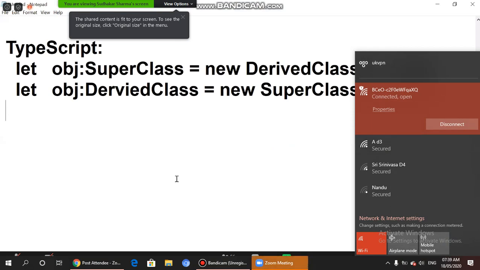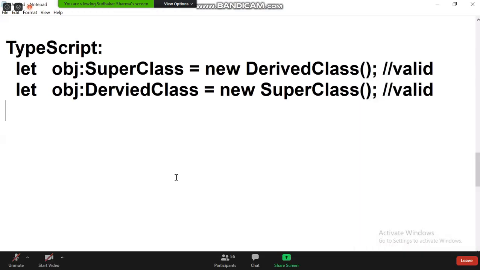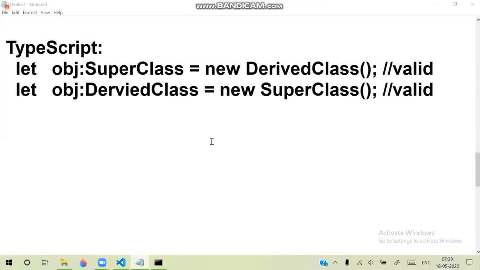And why is it not possible in other languages? One of you has given an answer for that already. What is that answer? That in derived class, we have a call for superclass constructor.